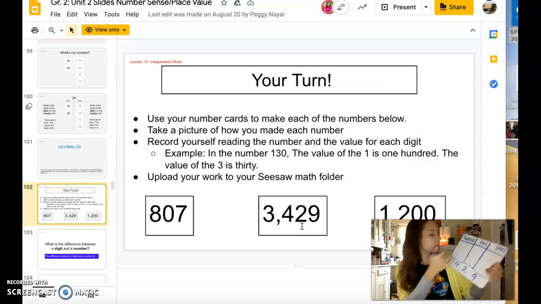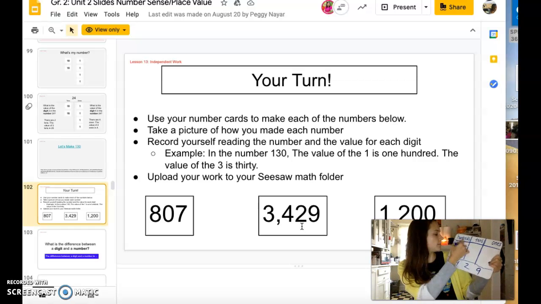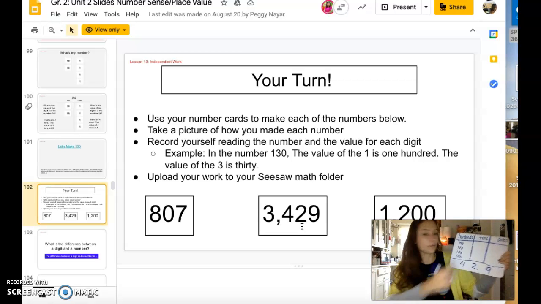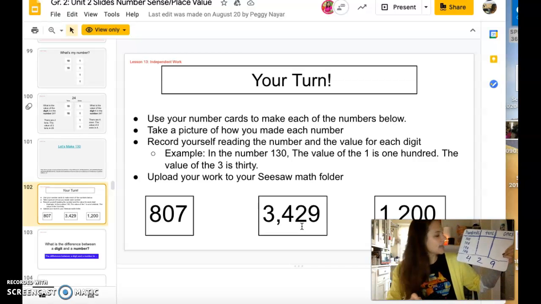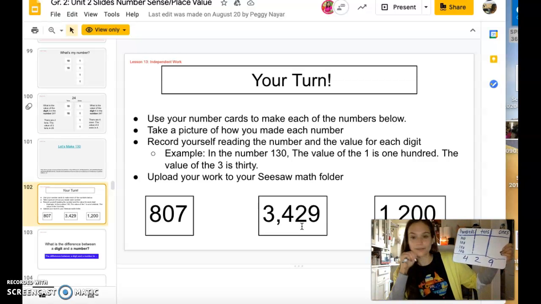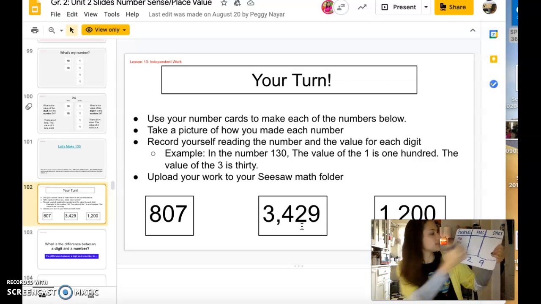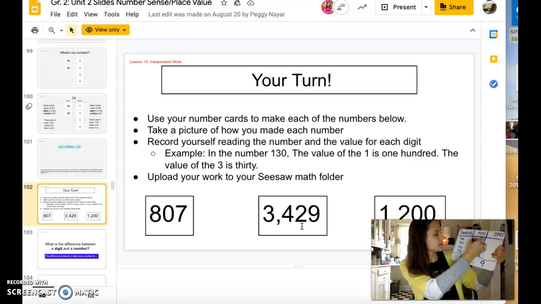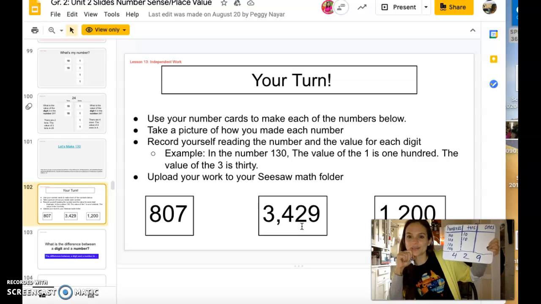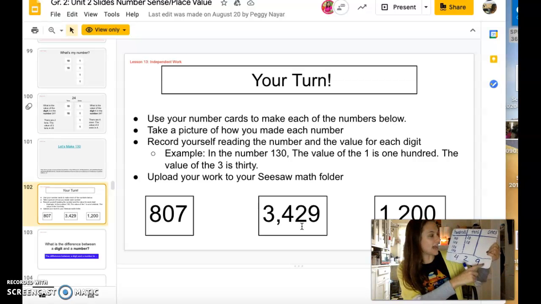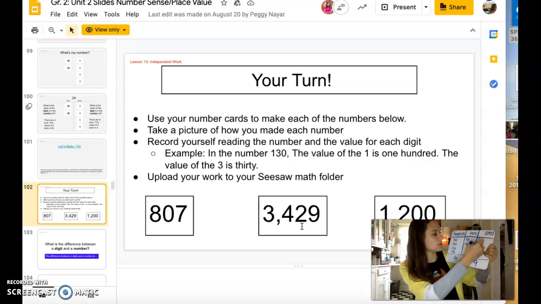We have 4 100s. 1, 2, 3, 4. And how many tens do we have? 2 tens. And how many ones do we have? We have 9 ones. 1, 2, 3.